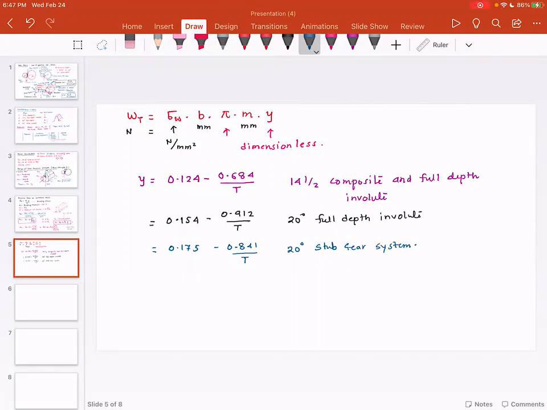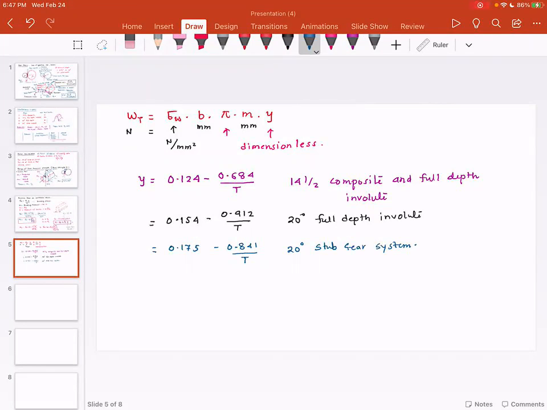So when you start designing the gear, first you have to decide whether you are going to use a 14.5 pressure angle or a 20 degree pressure angle. And again, it depends upon the application. The design data book will give you some guidelines on how to choose a particular pressure angle, or what is the common practice on the pressure angle.